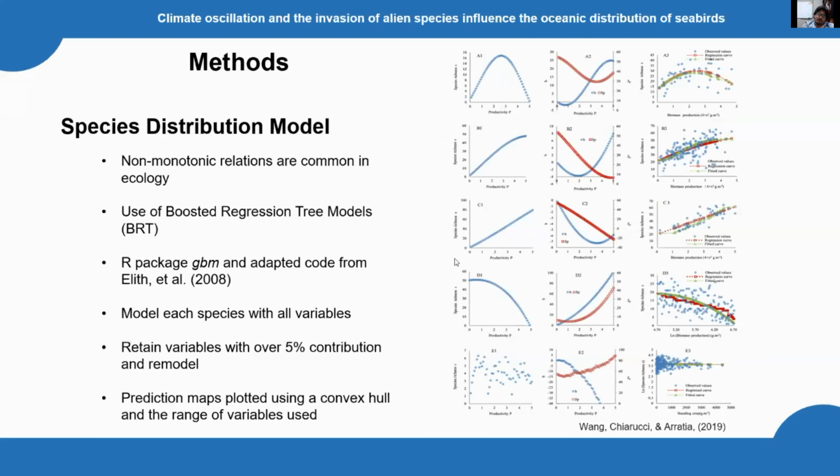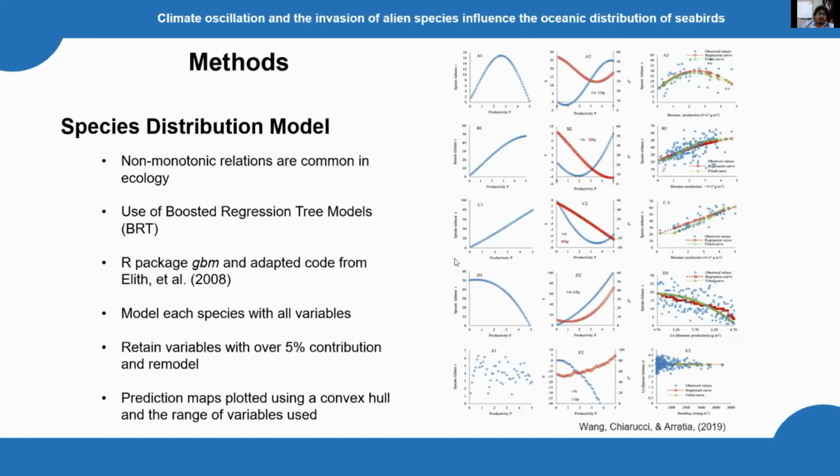First of all, in general, ecological relationships between dependent and independent variables are usually non-monotonic. That means that sometimes we will have problems finding a perfect linear regression, and that's why a lot of methods have been developed to try to find out what would happen with ecological relationships.